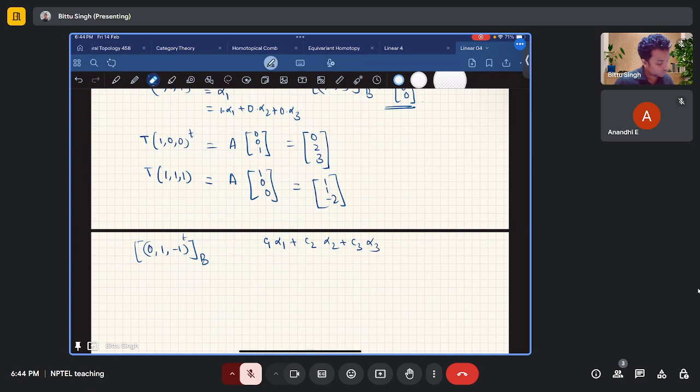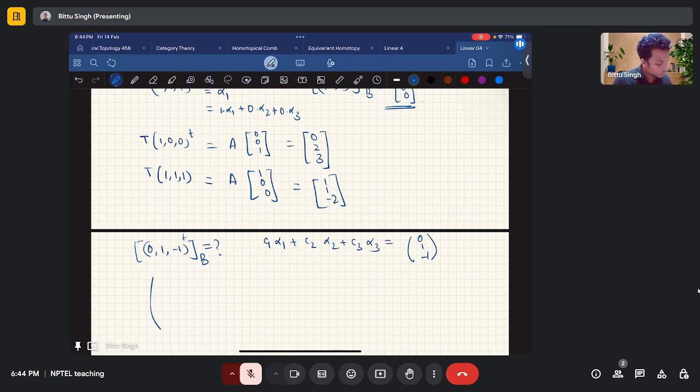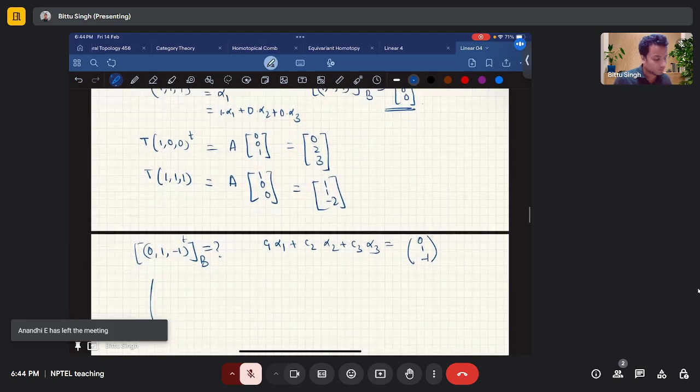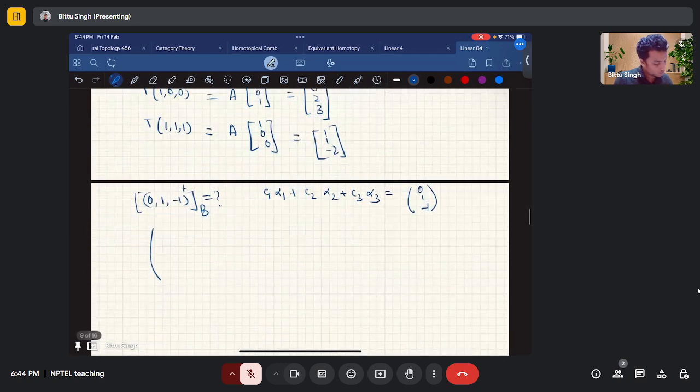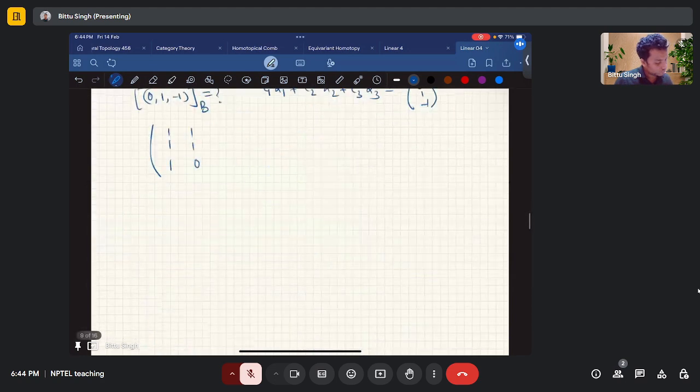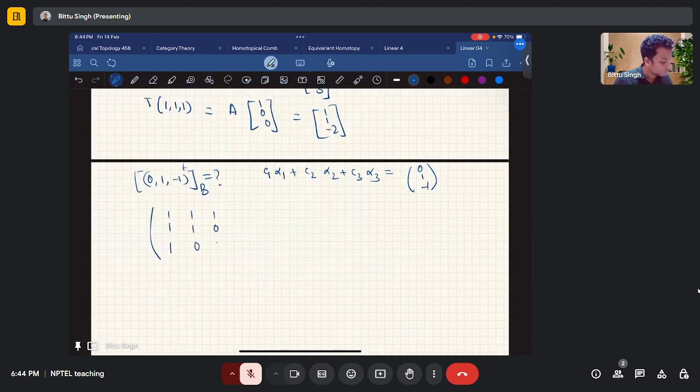So essentially we are solving a linear equation. We write alpha 1, alpha 2, alpha 3 in the columns. So alpha 1 is 1 1 1, then alpha 2 is 1 1 0, and alpha 3 is 1 0 0. Then 0, 1, minus 1.